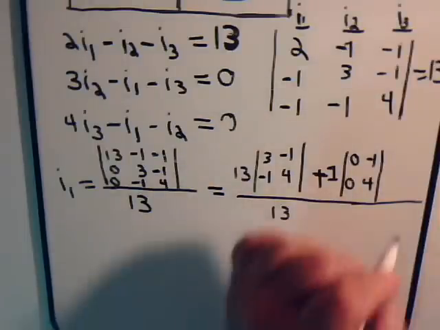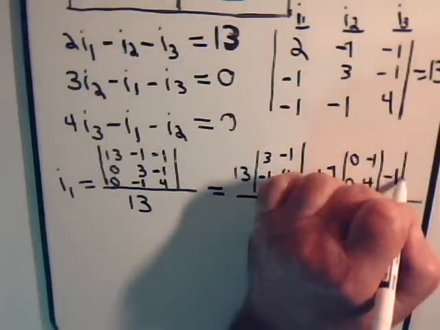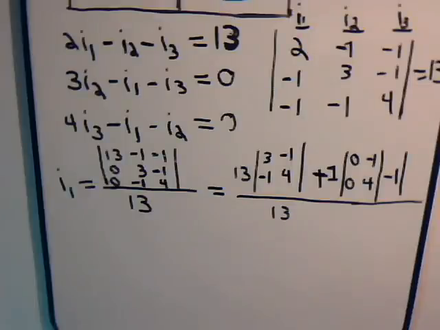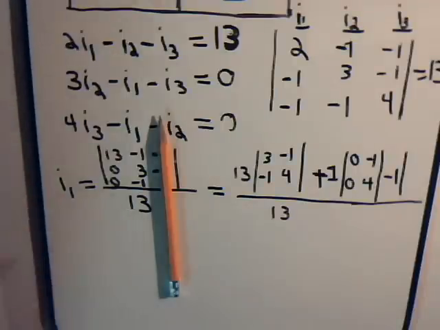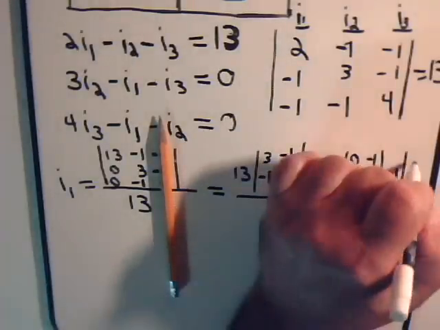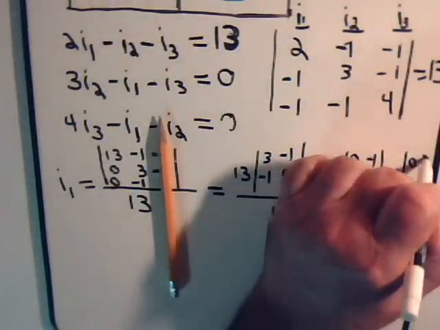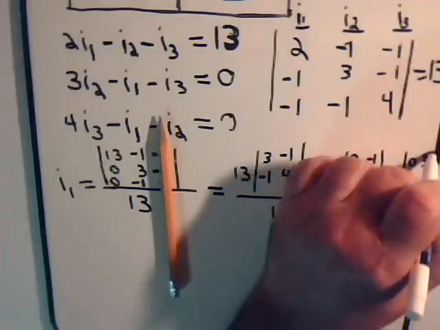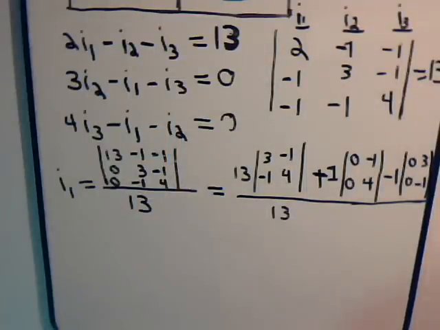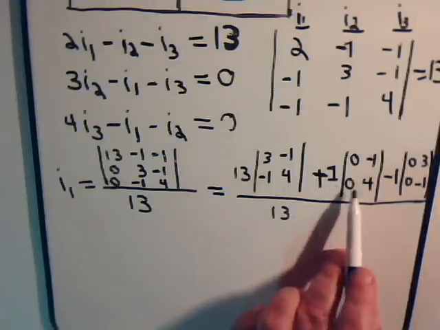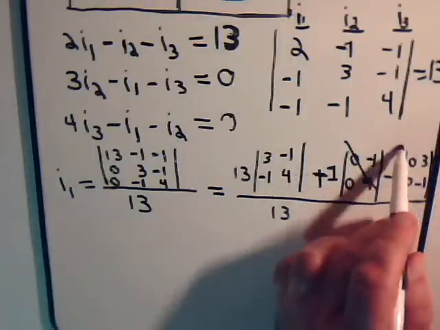Okay, the next number, -1. -1 times this subdeterminant. Cover up the column, cover up the row, and we have 0, 0, 3, -1. Now clearly the value of these two subdeterminants is 0, because we have 0 minus 0, and same thing here.